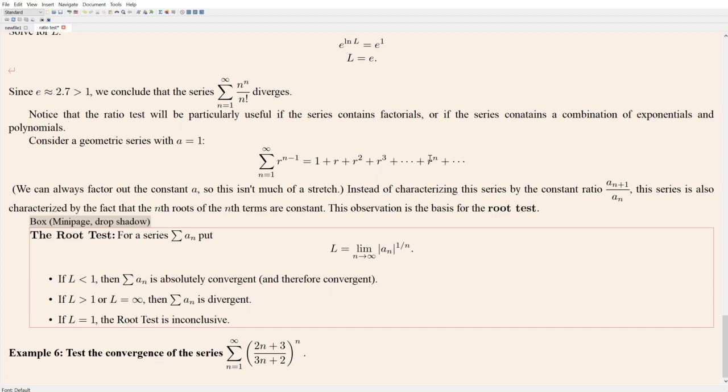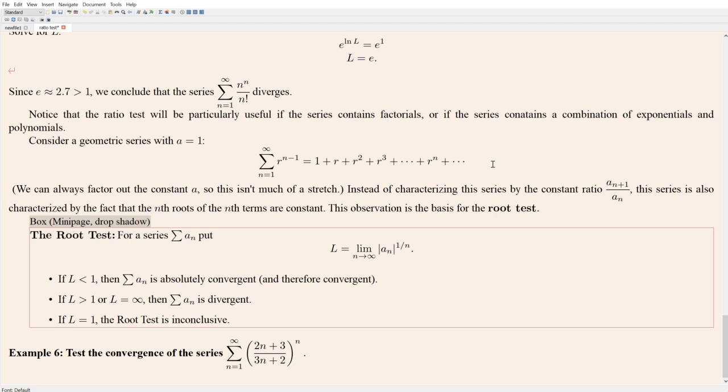If you take the nth root of the nth term, ignoring the first one, you get r. So we can characterize geometric series by the property that the nth root of the nth term is a constant.